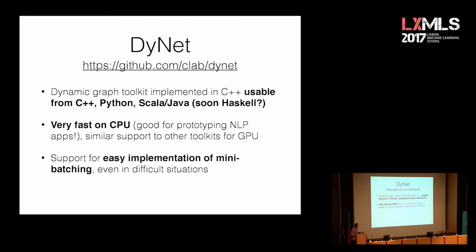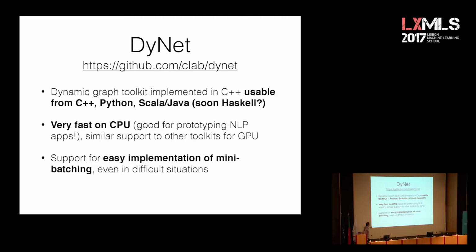It's also very fast on CPU. So for example, if you want to do quick prototyping, you want to run it on your own computer and run lots of experiments, running on CPU is often easier to do than GPU. It also has similar support to other toolkits on GPUs, so you can use GPUs as well.